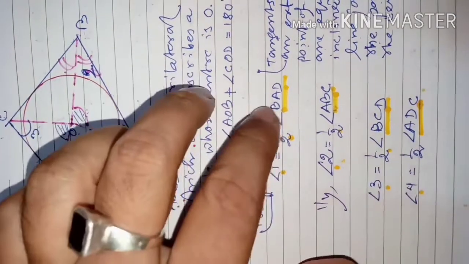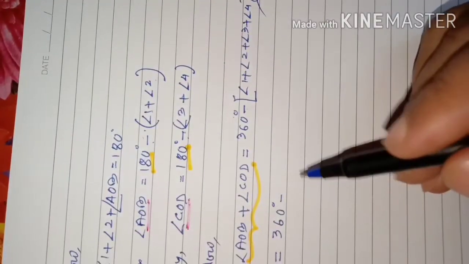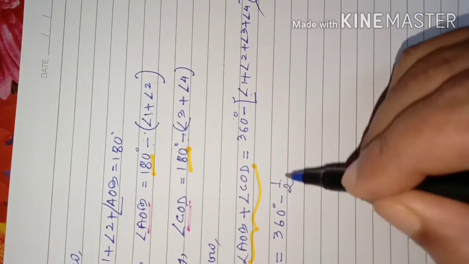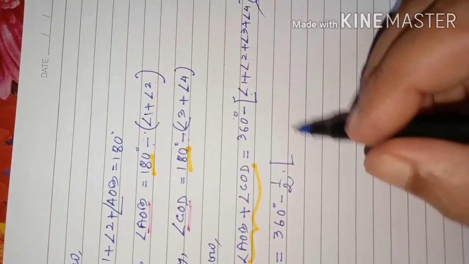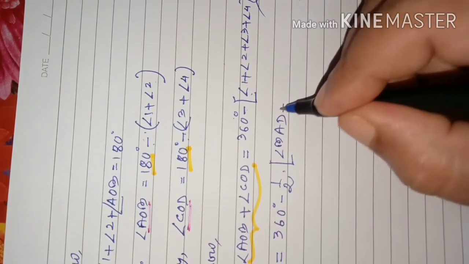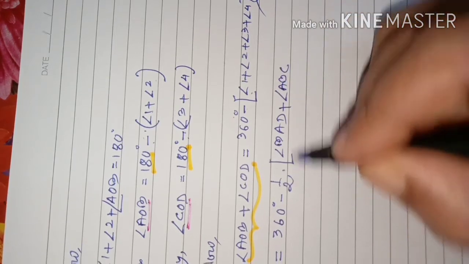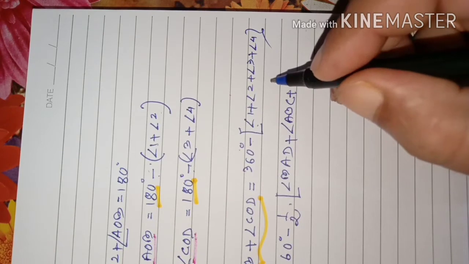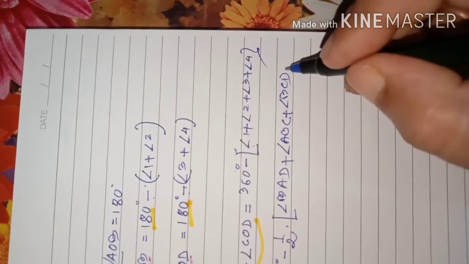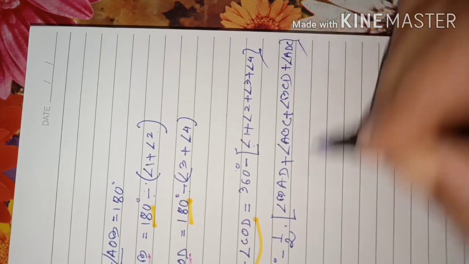We write BAD plus ABC plus BCD plus ADC, because half is already taken out.